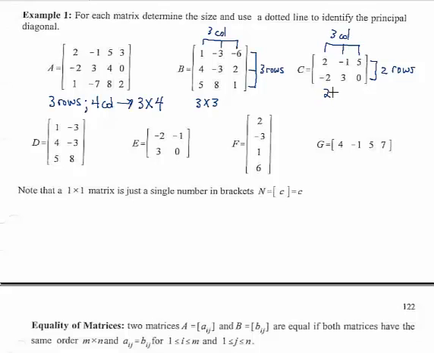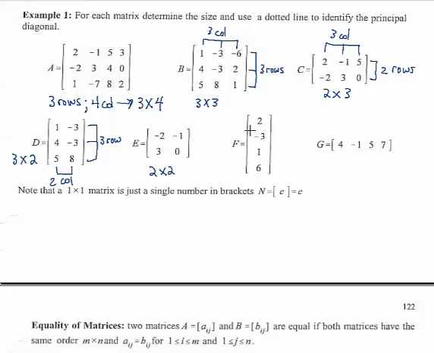So C is a 2 by 3. Rows first, columns second. D, we have 3 rows, and then we have 2 columns. So D is a 3 by 2. E is a 2 by 2.